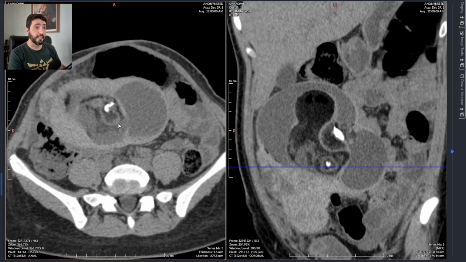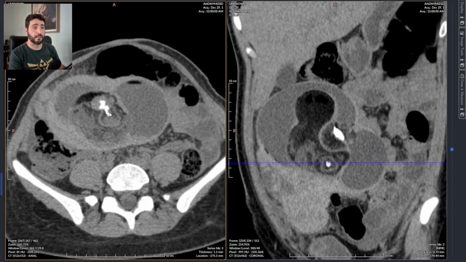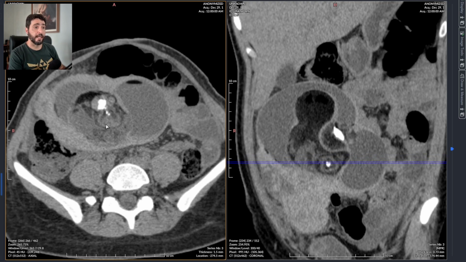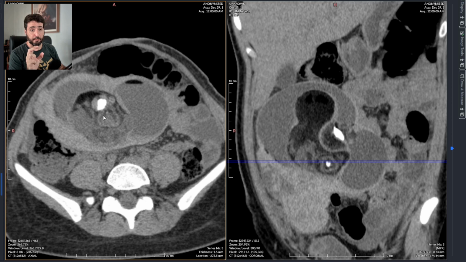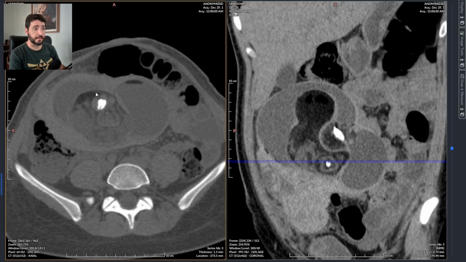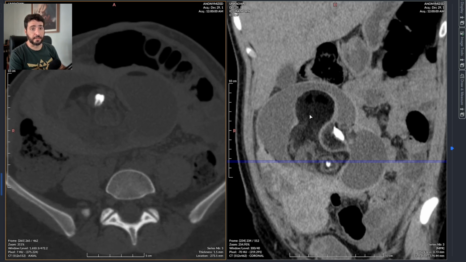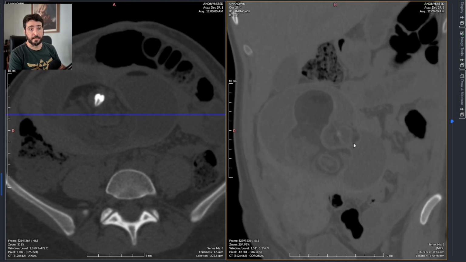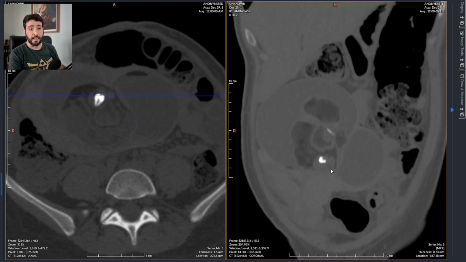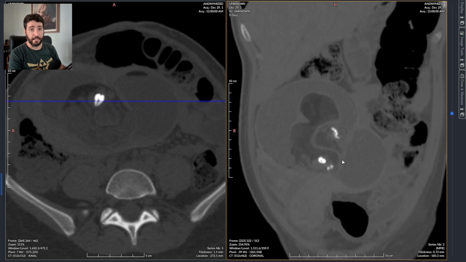When it's really mature, histologically speaking, it has even distinct bone structures such as tooth, just like this. So this is a mature cystic teratoma.